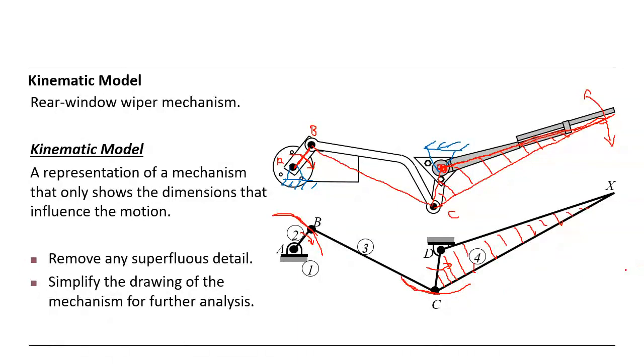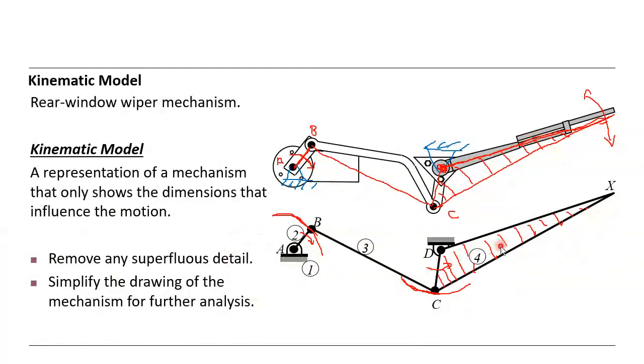So the mechanism from this picture has to be analyzed. First of all, what are the fixed points? You see here there are fixed points A and D. There are 2 fixed points, and B, C, X are not fixed, they are movable. They are moving.